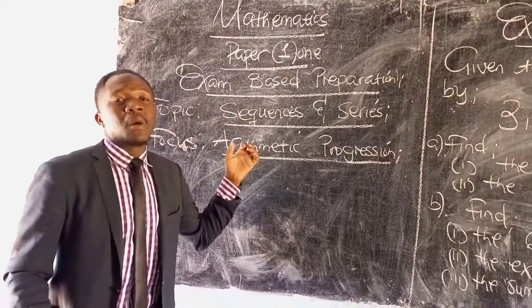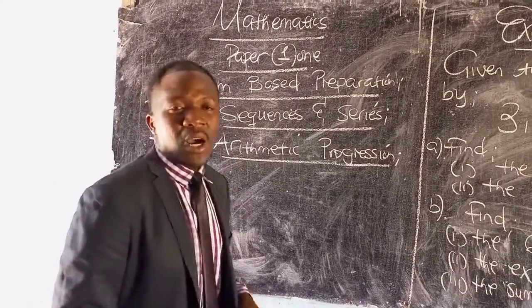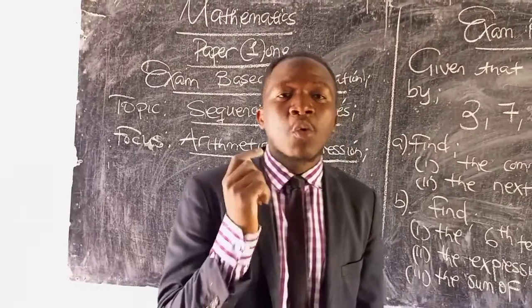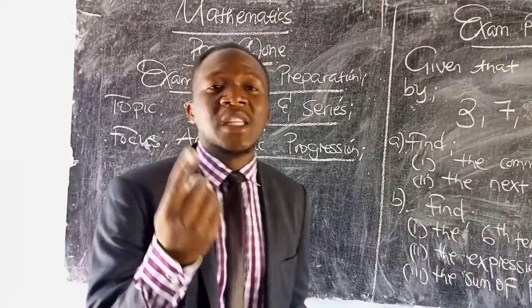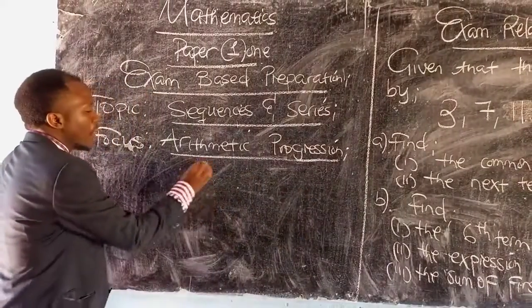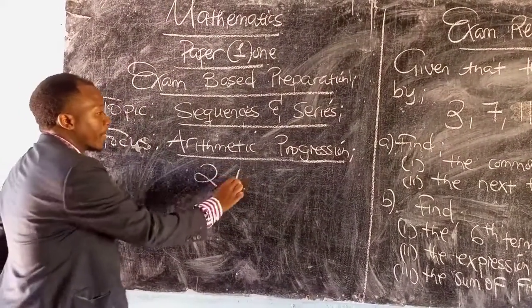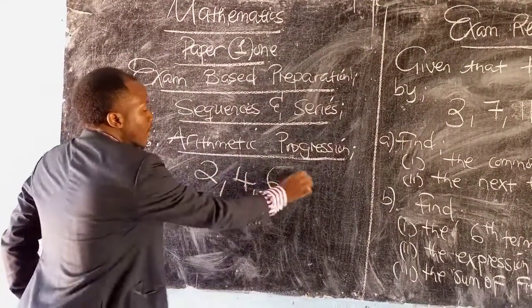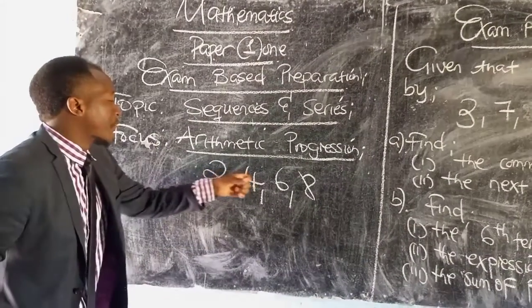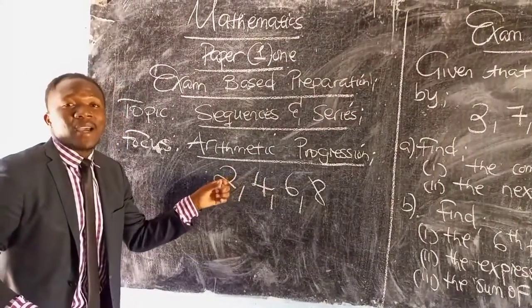an arithmetic progression. When we talk about an arithmetic progression, it is a sequence which is either made by addition or subtraction of numbers. Like in this case, we may have 2, 4, 6, and 8. This simply means to these 2, to get 4, there was a number they added.